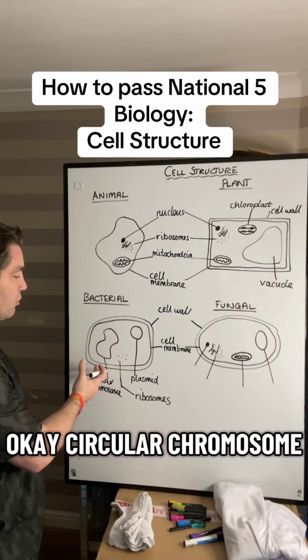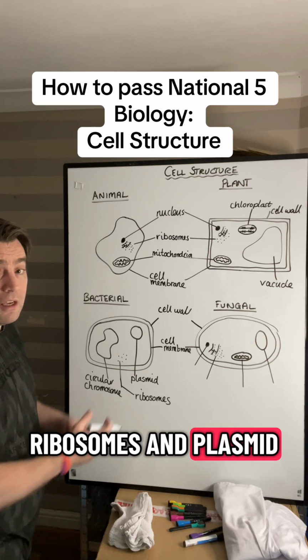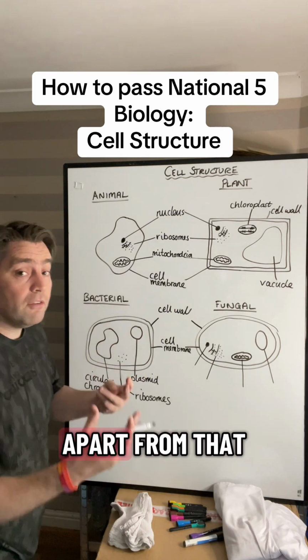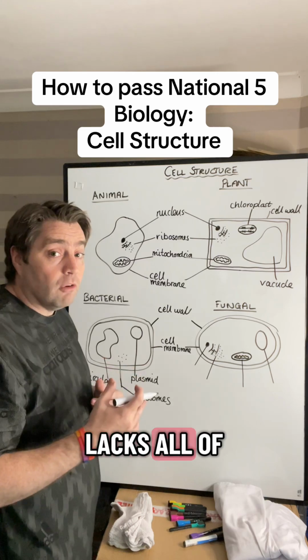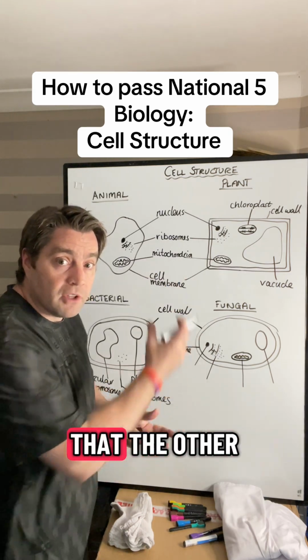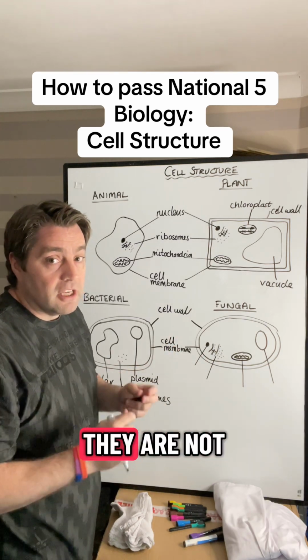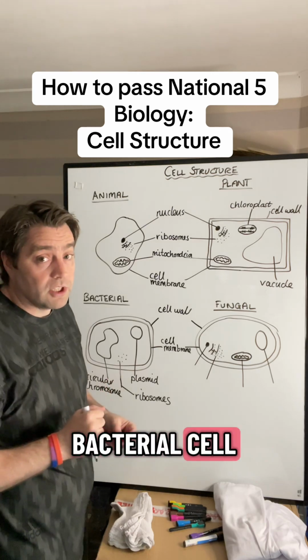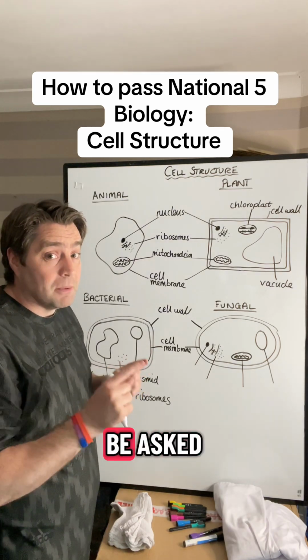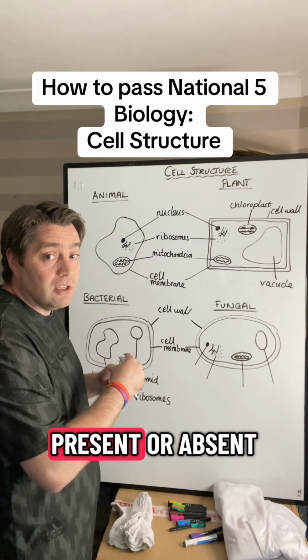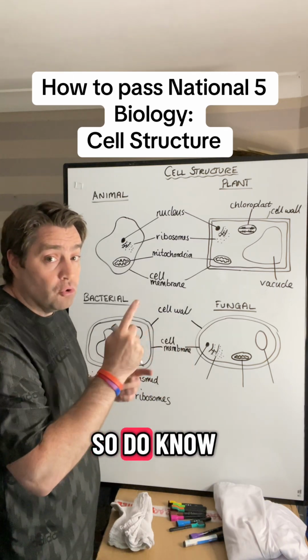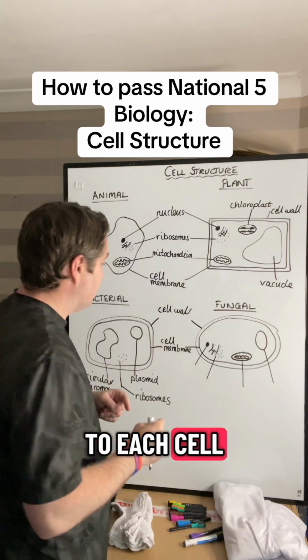So: circular chromosome, ribosomes and plasmid, cell membrane and cell wall. Apart from that, the bacterial cell lacks all of the membrane bound organelles that the other cells have, things like the nucleus and the mitochondria, etc. They are not present in the bacterial cell, and that's a common question to be asked: which structures are present or absent in each cell? So do know which ones belong to each cell.